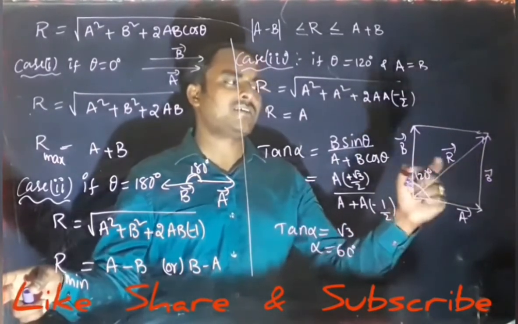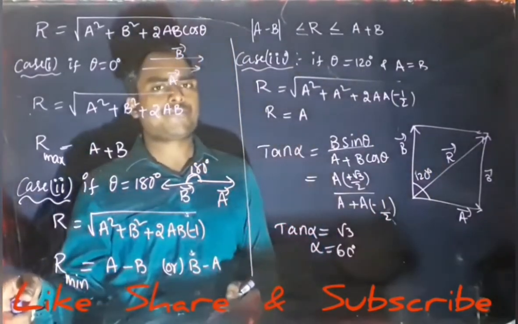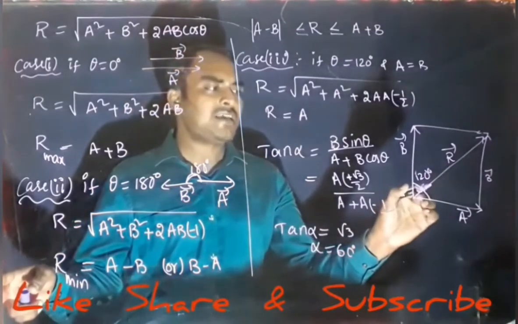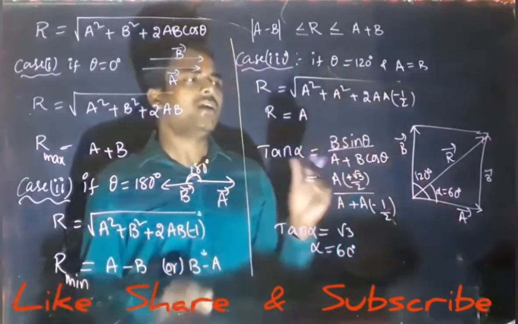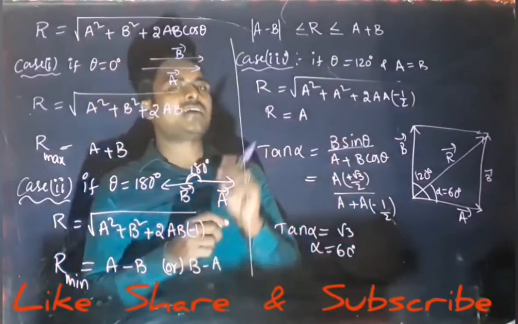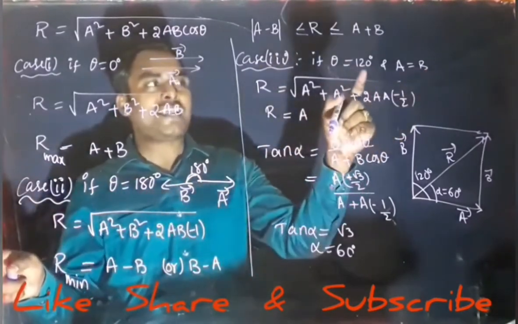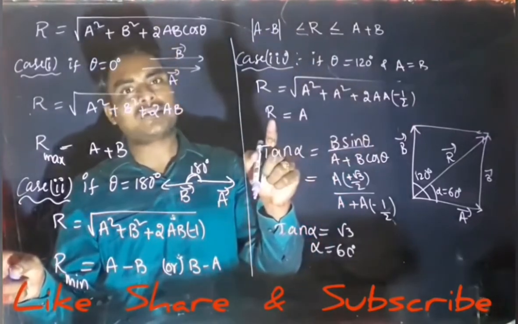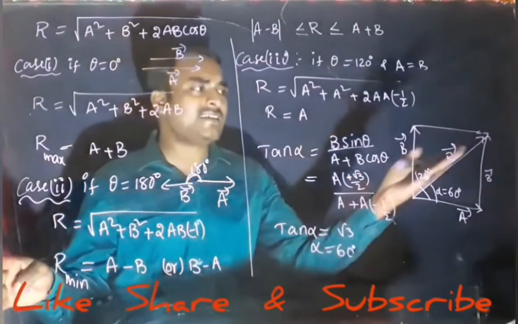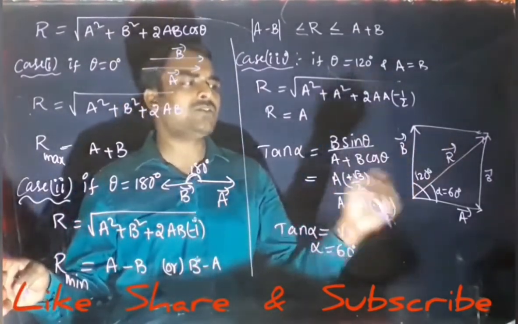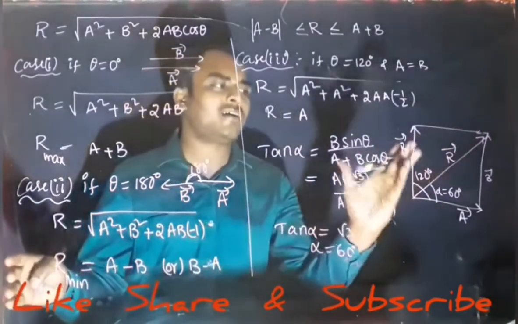This is the resultant vector R bar. We got R equal to A, and this resultant makes an angle alpha, which we got as 60. So we can conclude, if two vectors are equal in magnitude and they are at an angle 120, the resultant is also equal to the magnitude of one vector. And the direction of the resultant: the angle between A bar and B bar is 120, and the resultant makes 60 degrees. Exactly, it is in the middle. It bisects the total angle.